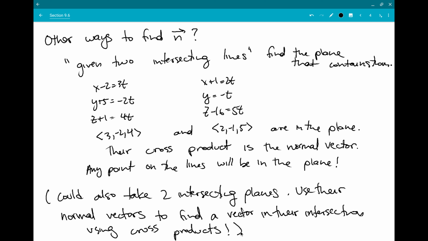And one of your last web works in this section will be to do just that. So we'll get to talk through it in class and kind of discuss the steps. But it's flipping in reverse this first problem I told you about.